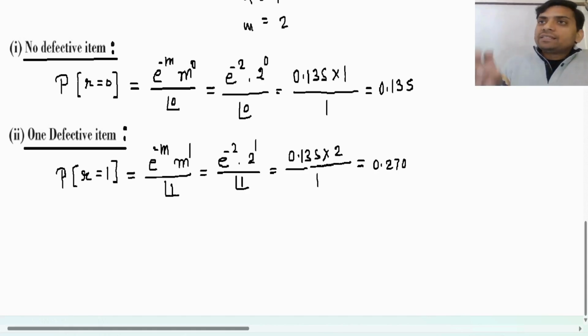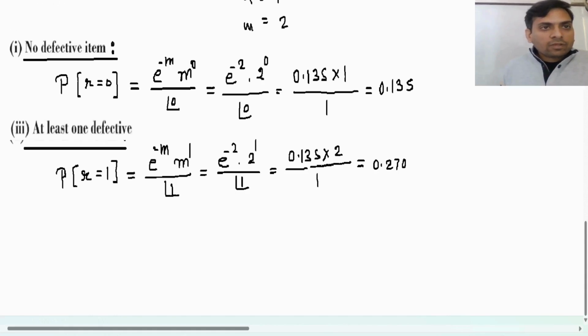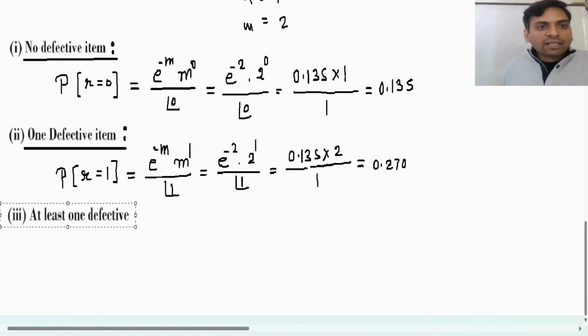So you can write this, especially non-defect, in two ways: all are fresh or zero defect. As the other parts of this question are based on defective, we will solve this first also based on the defective concept. So the next part is at least one defect.